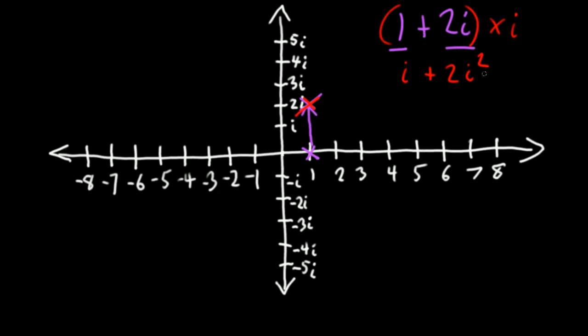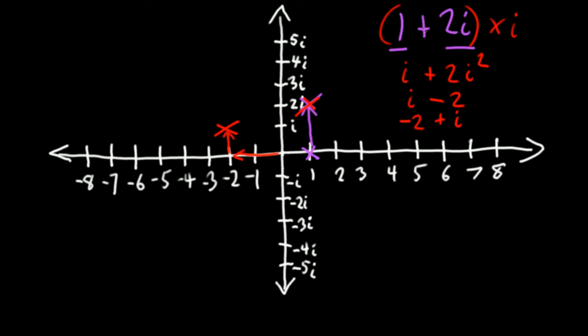But remember that i squared is -1. So really this is i minus 2. And we usually write the real part first. So that reduces to -2 plus i. So we would go over 2 and down 1, up 1 to i. And this is the result.